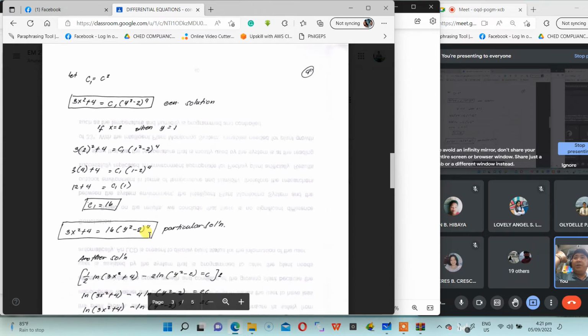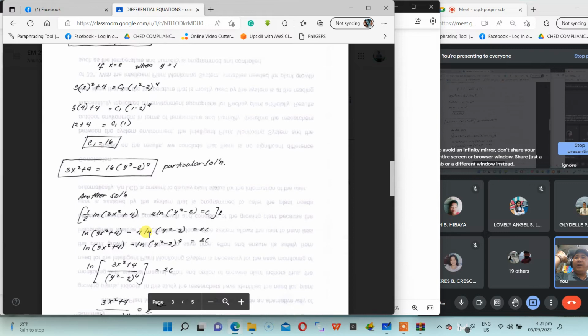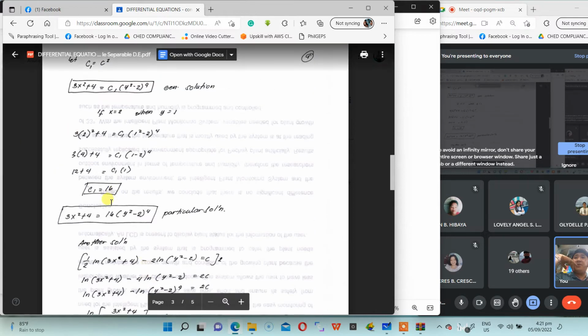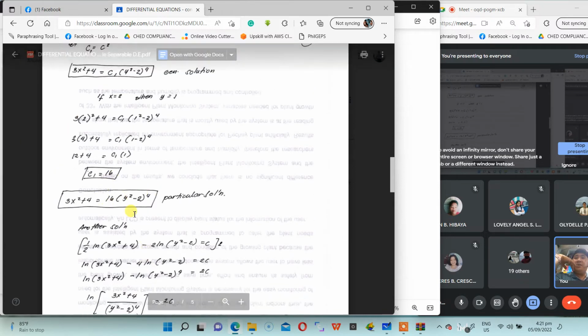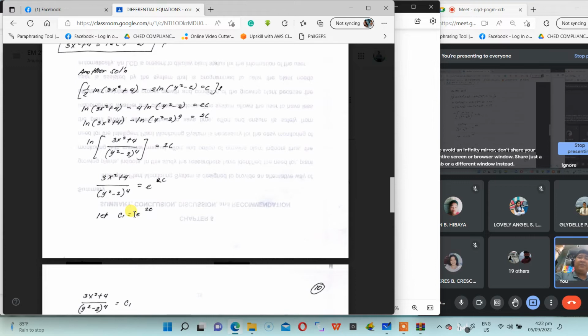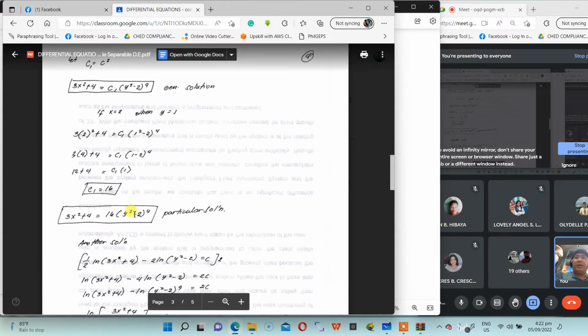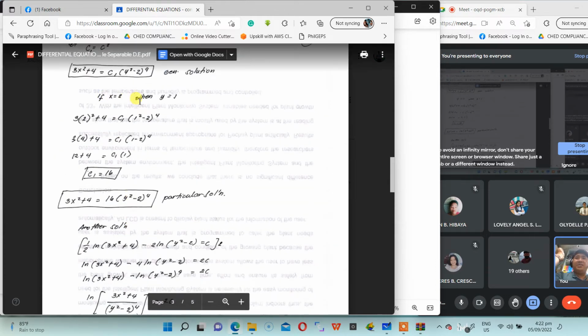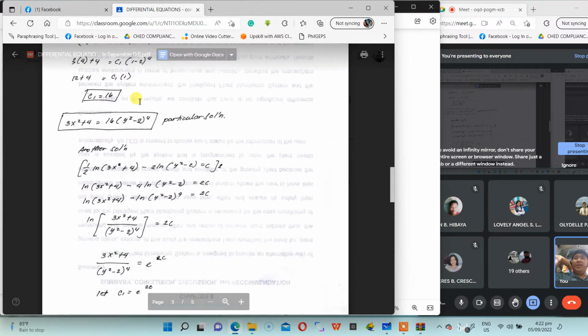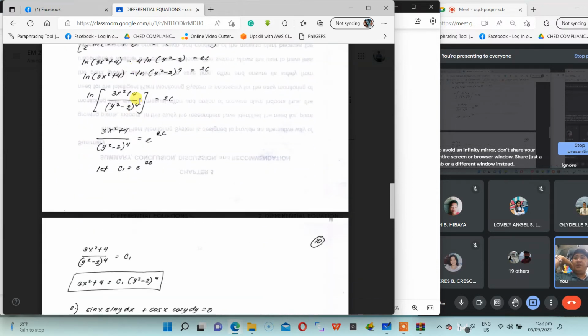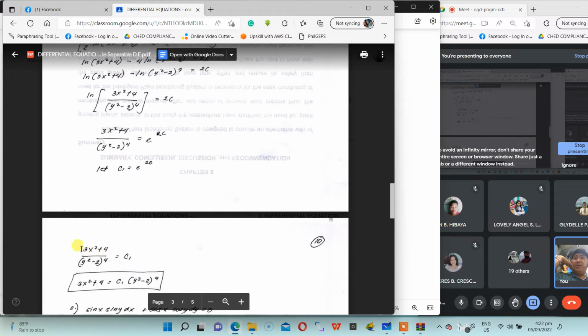Or if you have a general solution and a particular solution, you have this result. That's F. Okay? There is nothing specific here, this is just an assumption. So another solution: the power of 4 or 1.